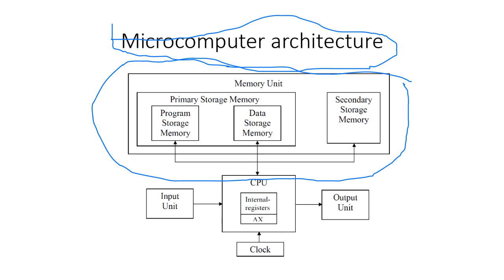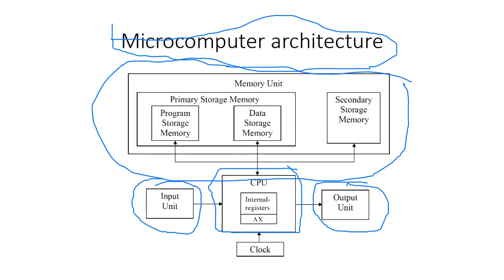You can see the CPU is the microprocessor. It has some internal registers like AX, BX, CX. We'll learn it later. It has input units like the keyboard and mouse. Definitely it has output units as well, like a display or monitor.